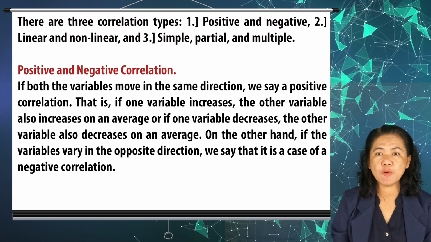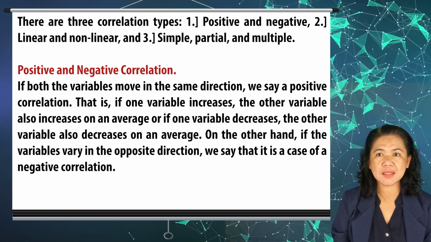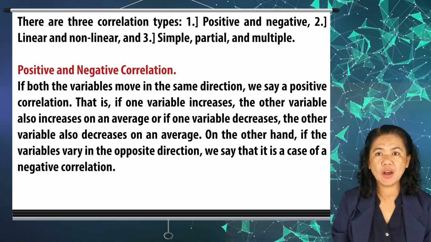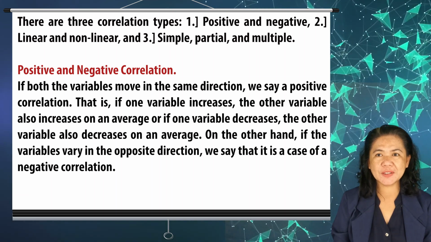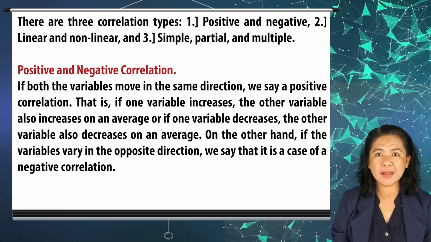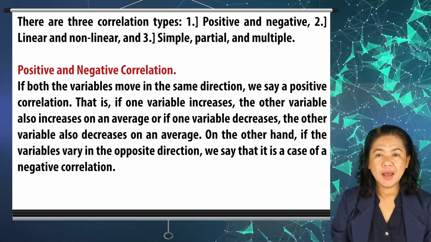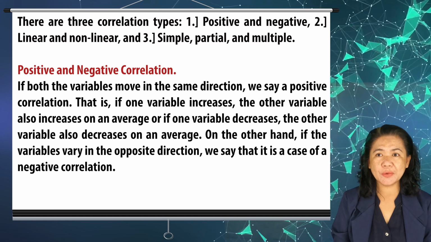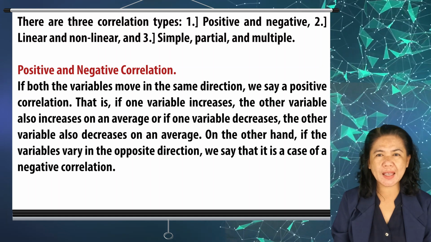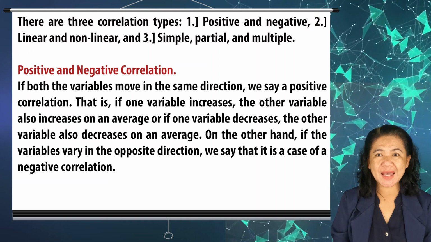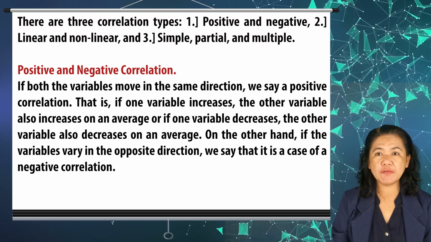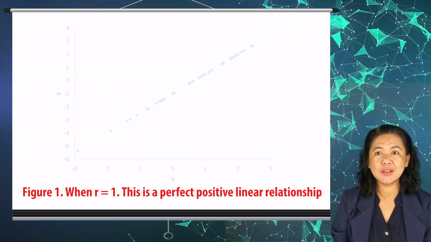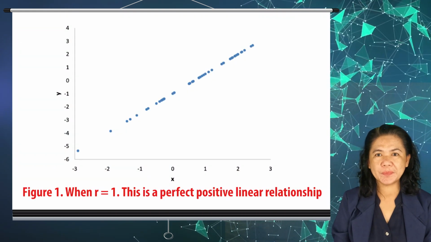Or if one variable decreases, the other variable also decreases on an average. On the other hand, if the variables vary in the opposite direction, we say that it is a case of a negative correlation.